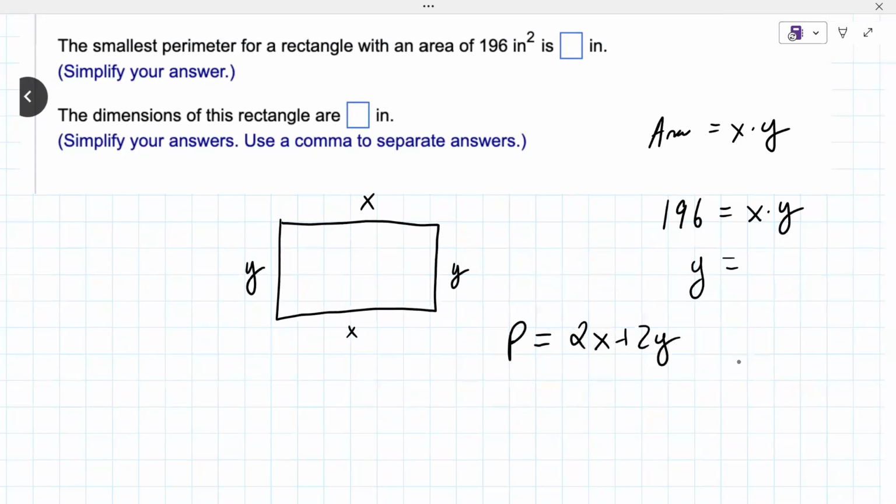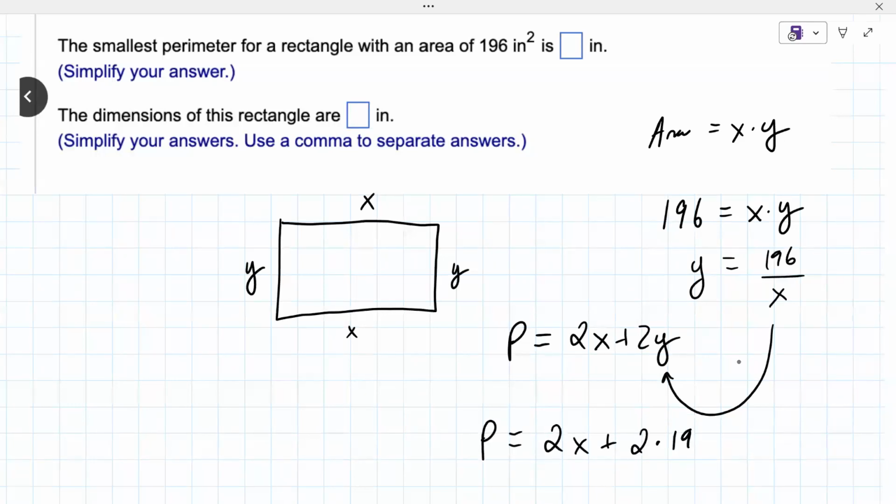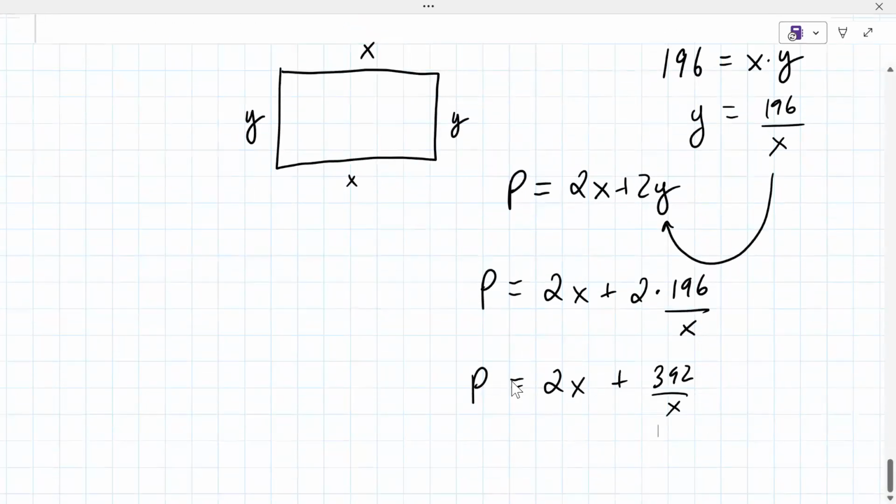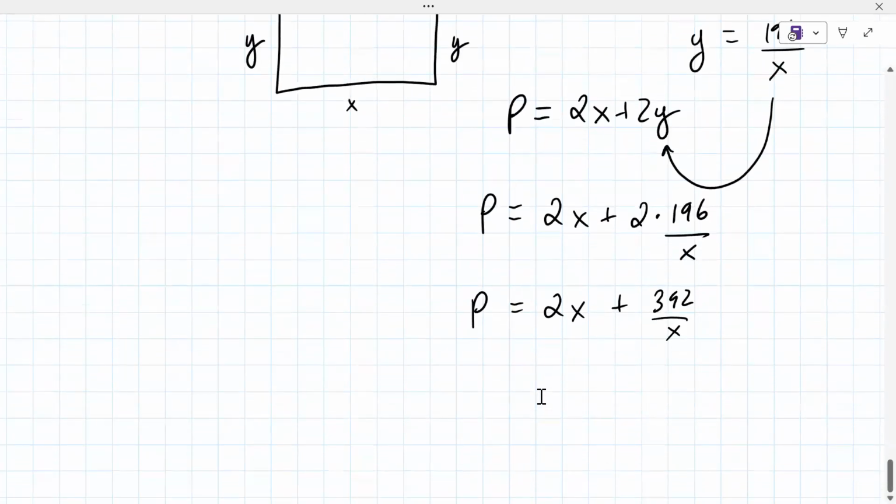So y is 196 over x, and put that in here, your perimeter is 2 times 196 over x, because y is 196 over x. So now you take a derivative. Could you take the derivative of this for us, please? Yeah.